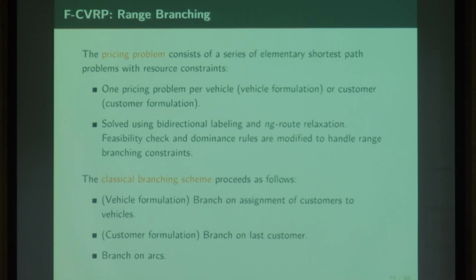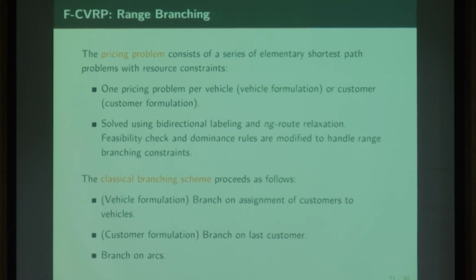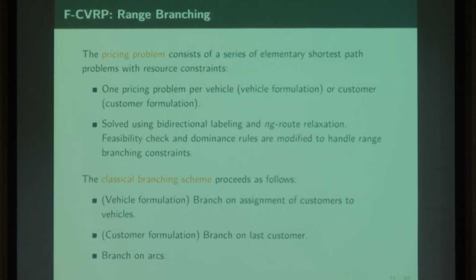Our scheme is, we started by simply taking the formulation and solving the two formulations without range branching. So we have all the bells and whistles that you need for branch and price. We have the pricing and we can branch on the variables.